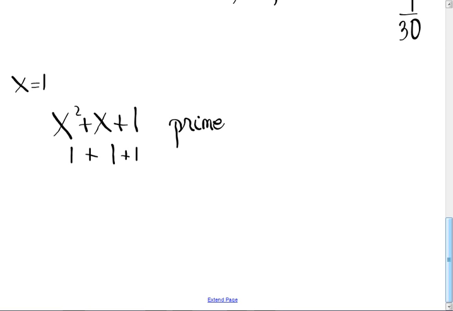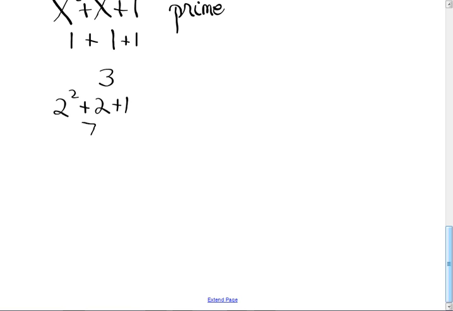Guess what? That's prime. If I put x equal to 2 in there, I get 2 squared plus 2 plus 1. What's that number? That's 7. Guess what? That's prime. You can't factor that. So when I say this is prime, that's prime for any number you put in there.